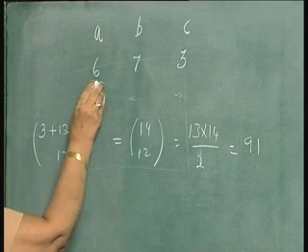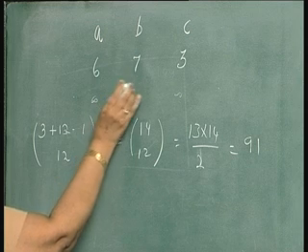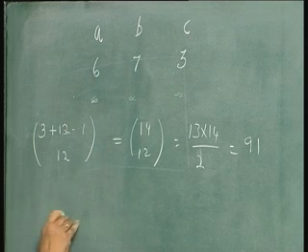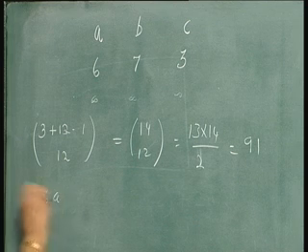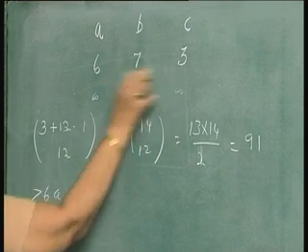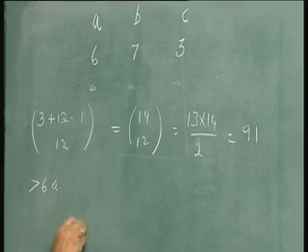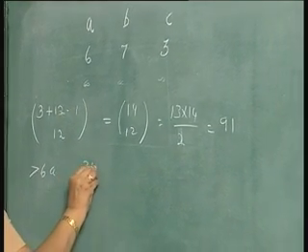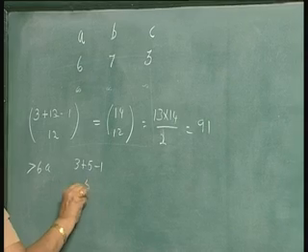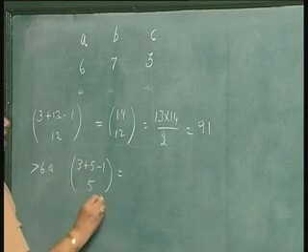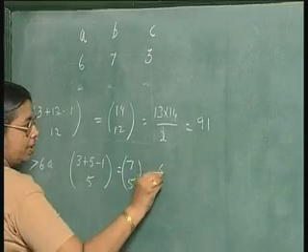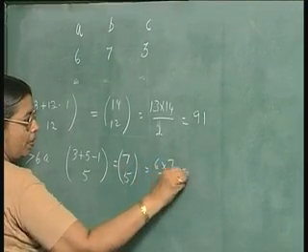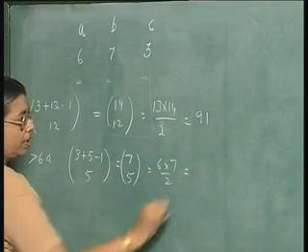Suppose I select 7 A's, the remaining 5 can be selected from A, B and C. So, greater than 6 A's, the number of such combinations is, to select the remaining 5 from these 3 types of objects, C(3 plus 5 minus 1, 5), and that is C(7, 5), that is equal to 6 into 7 by 2, that is 21.